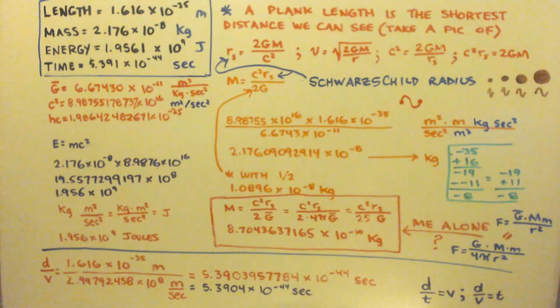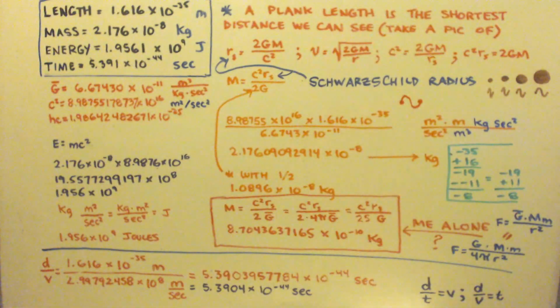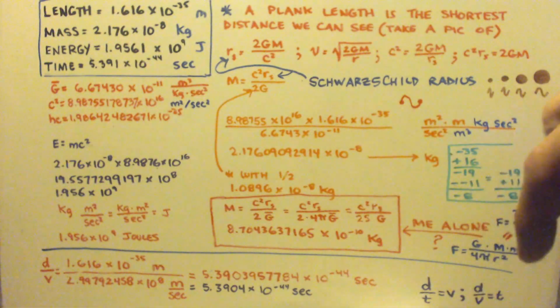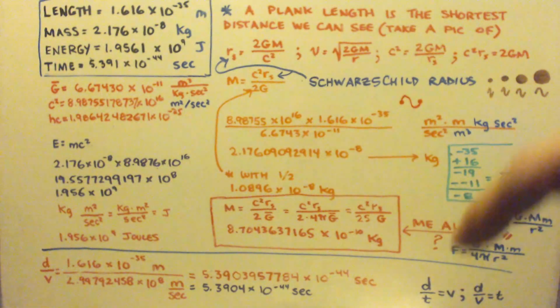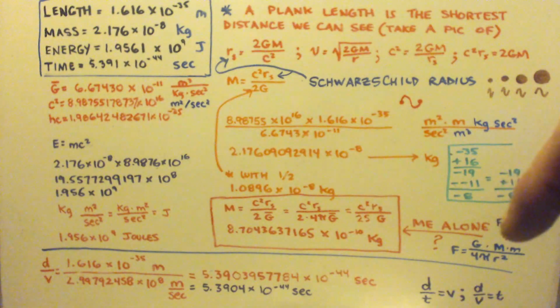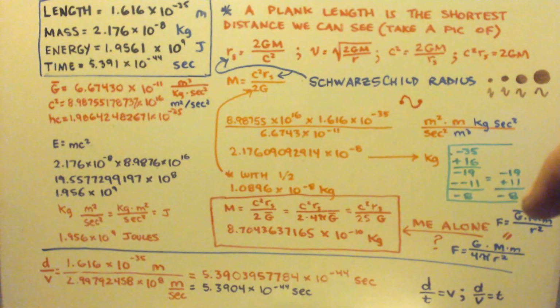Okay. Now, this is just an FYI off to the side. This has nothing to do with what I'm going to say next. But this big G is actually incorporated, if you look over here, with the gravitational force formula. You can see that they took out the 4 pi and incorporated it into this reduced G, and that's what we use.